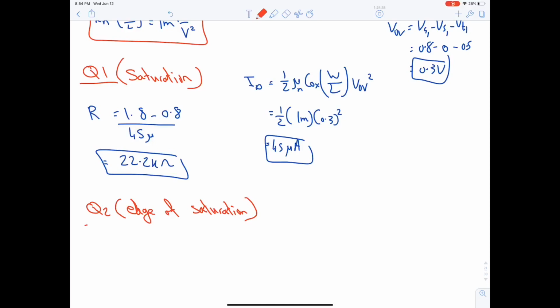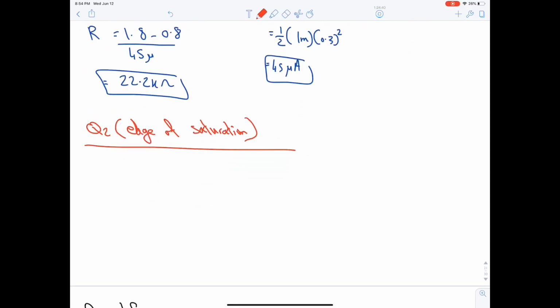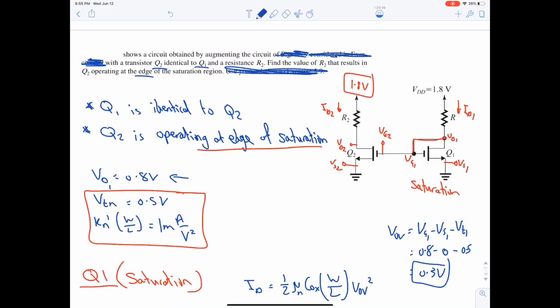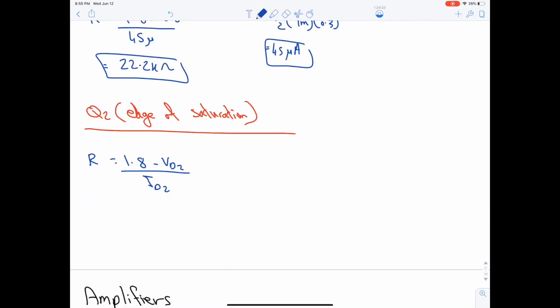Okay, so what's R here? R is 1.8 minus VD2 over ID2. We can find, let's start from VD2. We know that VDS is equal to VOV. VD minus VS is equal to VOV. VOV is equal to VG minus VS minus VT.